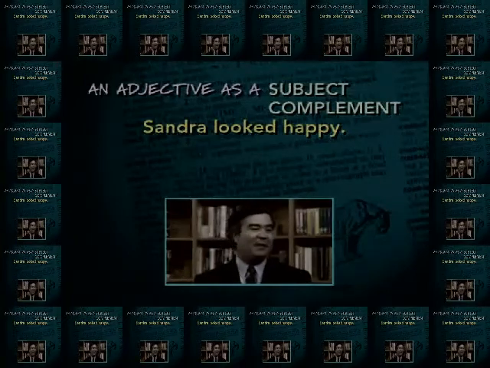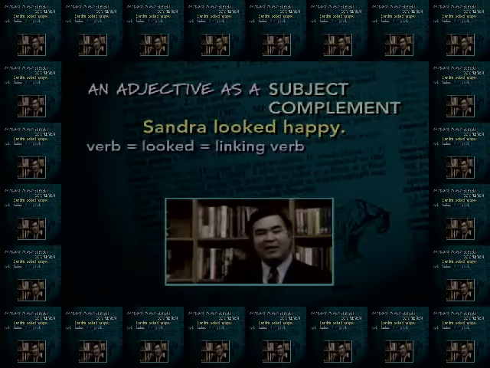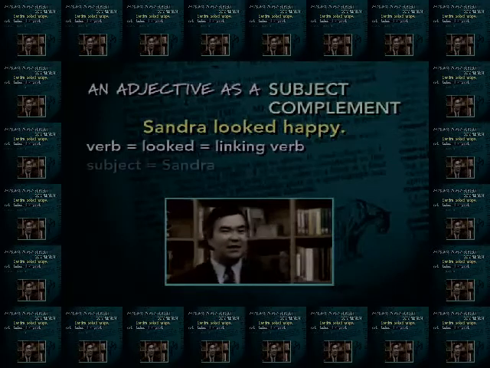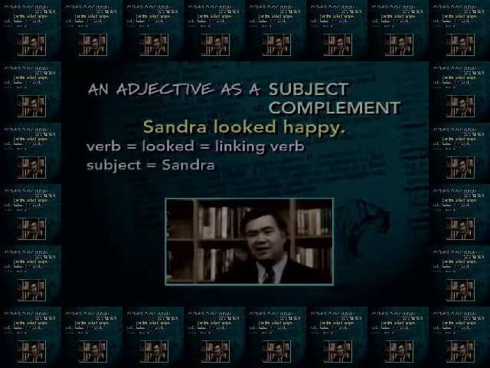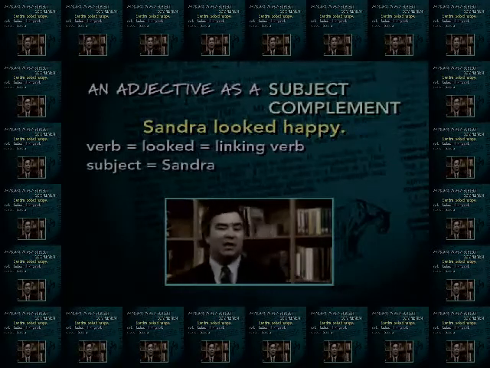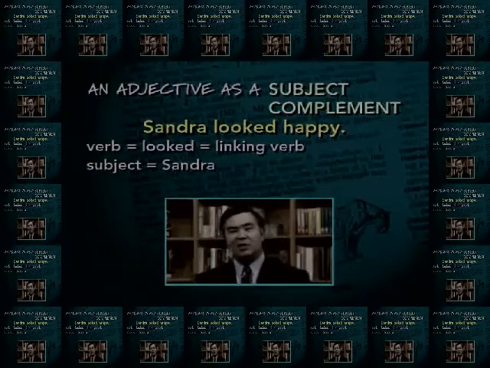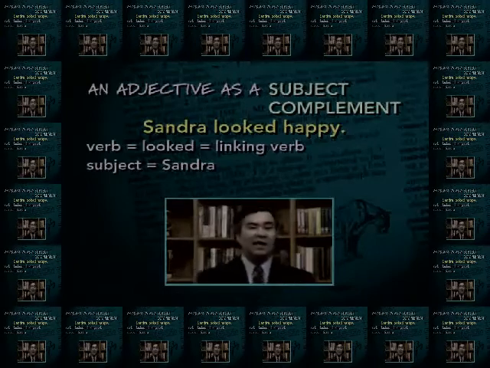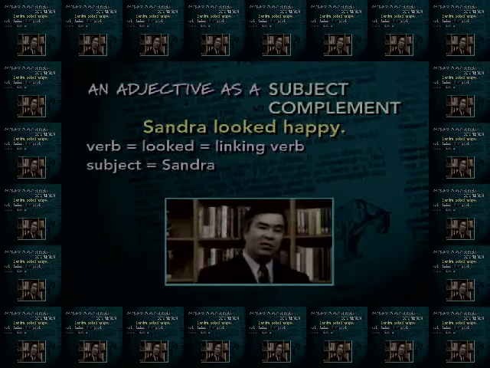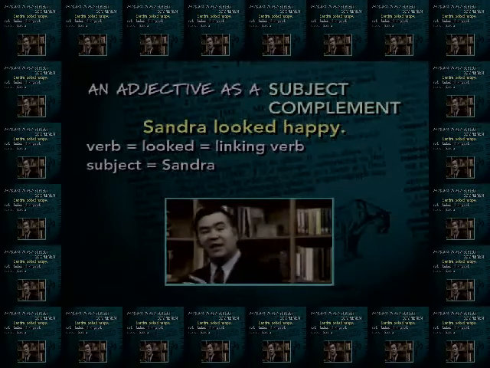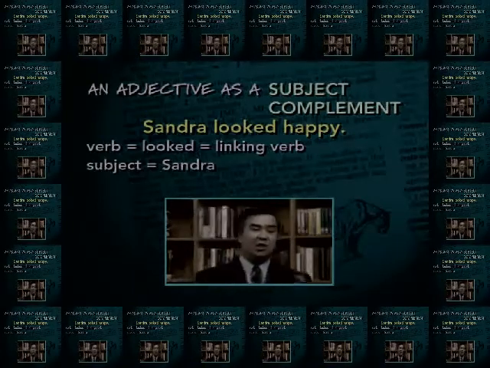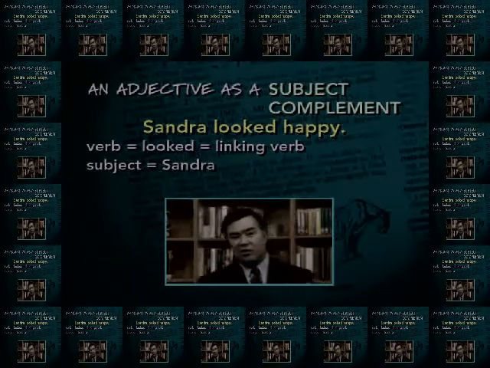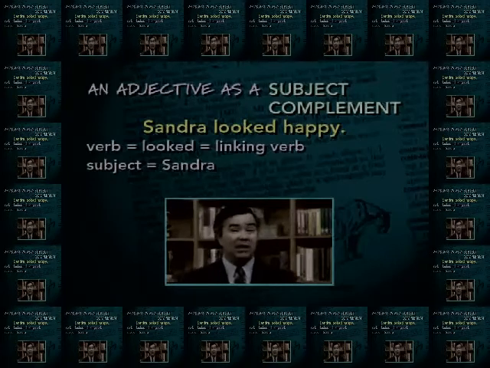Sandra looked happy. Here, the verb is looked. The subject is Sandra, and looked in this case is being used as a linking verb, because what follows isn't receiving the action of the verb, but rather it's equating or being equated to the subject. What follows is the adjective happy, which describes, modifies, refers to, or gives more information about the subject.